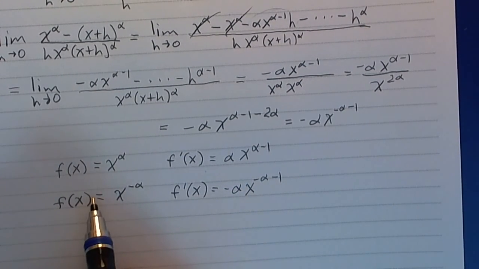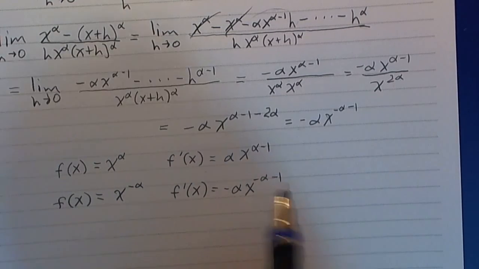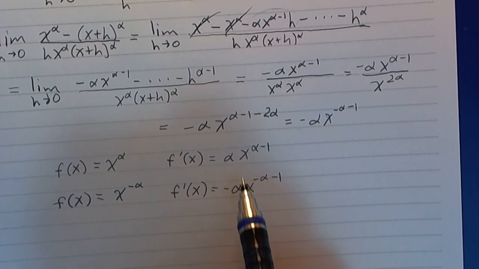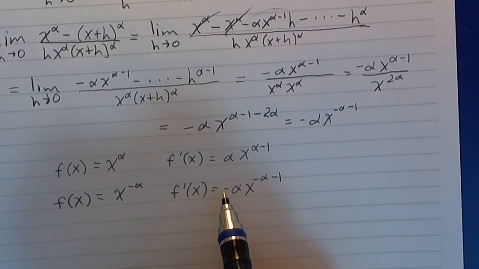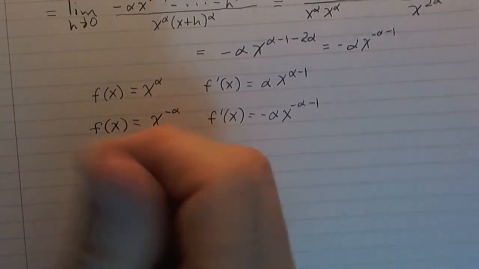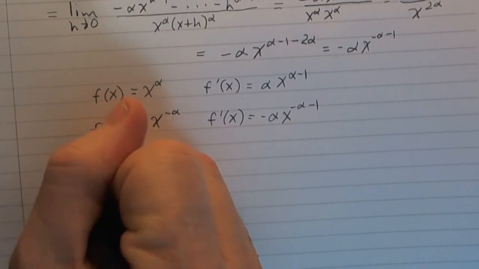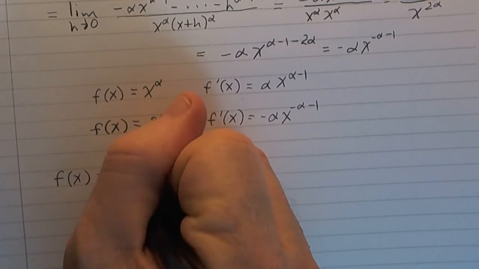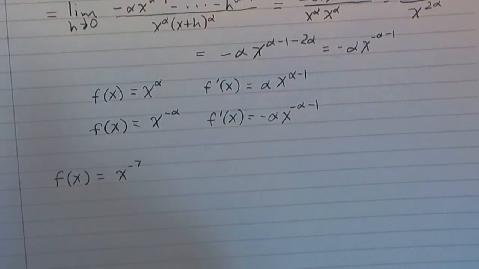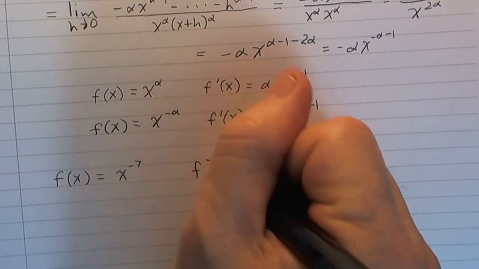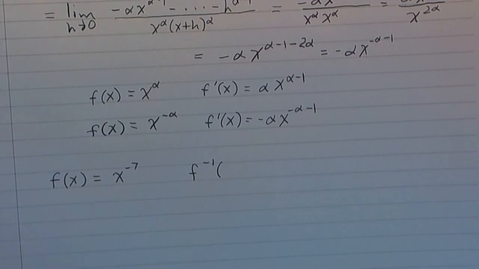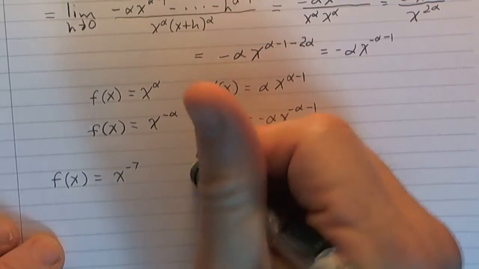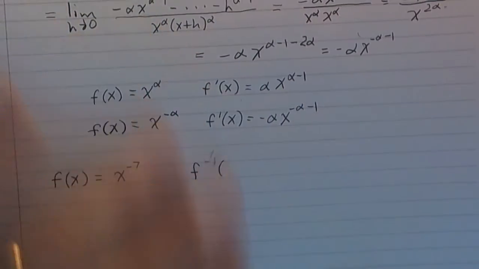I just brought this down front and then subtracted 1 from it. So look at this. The power rule works for negative exponents too. So let's look at this. Let's suppose I've got f of x is equal to x to the negative 7. Well, the derivative, well, not inverse. What am I doing? Let me fix that. Okay.